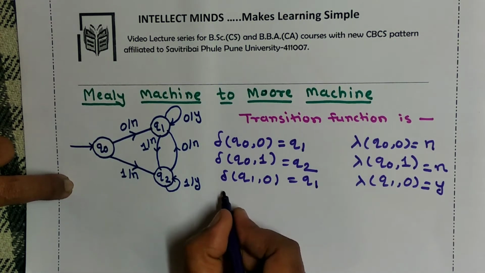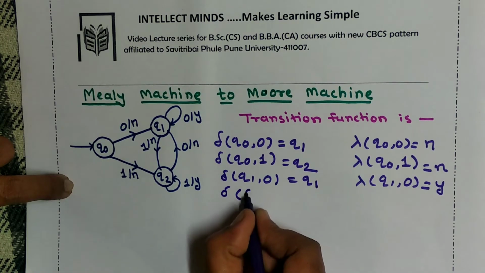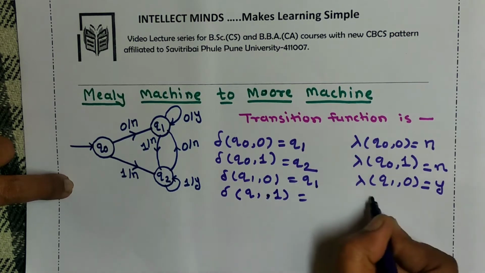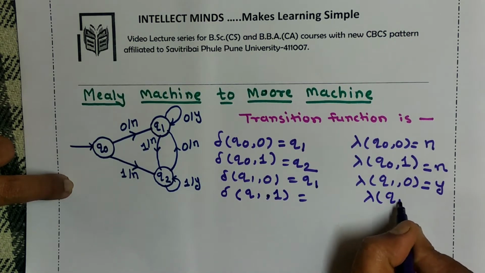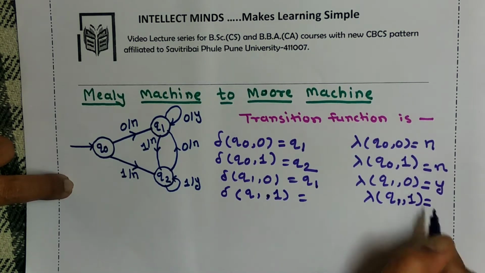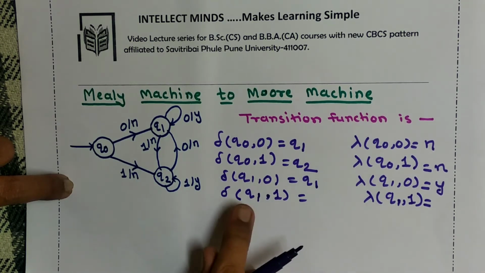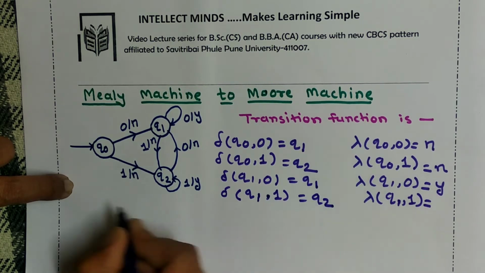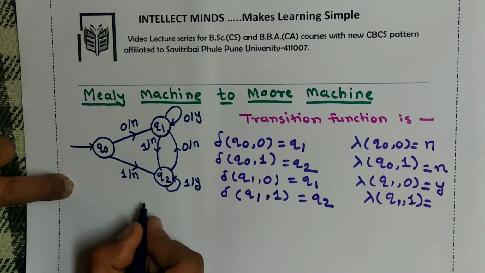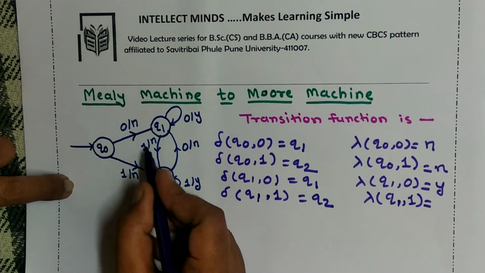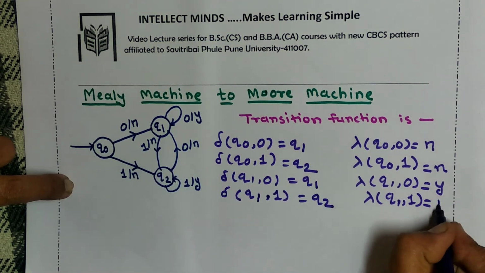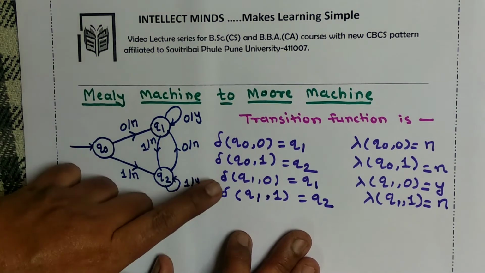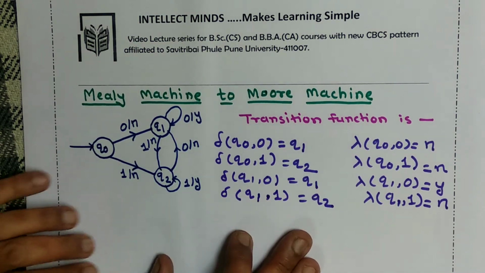Next, delta of Q1 over 1 and lambda of Q1 over 1. Q1 over 1 goes to Q2 and gives the output N. As per the diagram, I am writing the delta transitions and the lambda transitions.